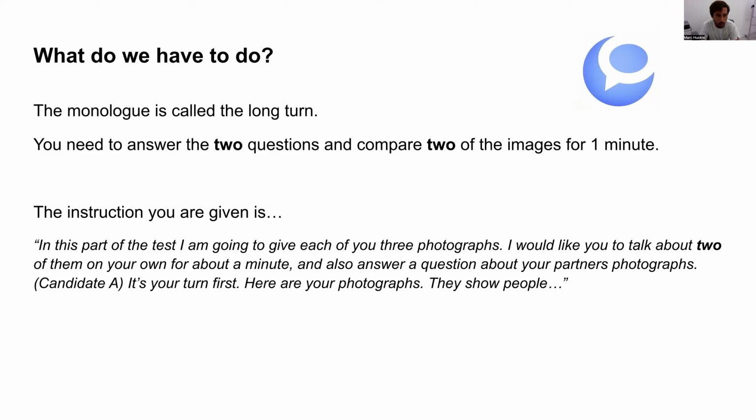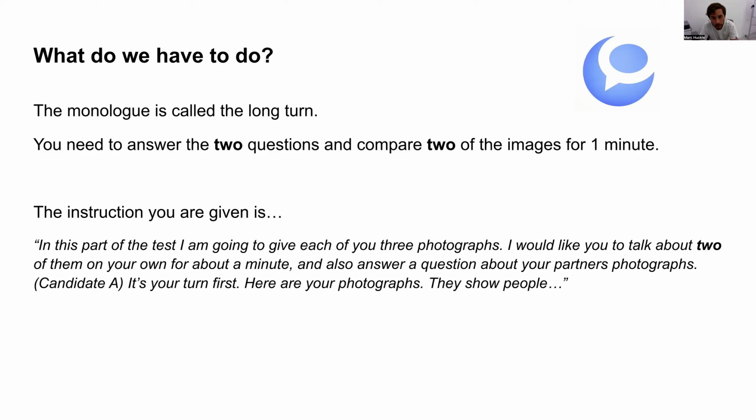The instruction you are given is: in this part of the test, I'm going to give each of you 3 photographs. I would like you to talk about 2 of them on your own for about a minute and also answer a question about your partner's photographs. Candidate A, the person on the left, it's your turn first.